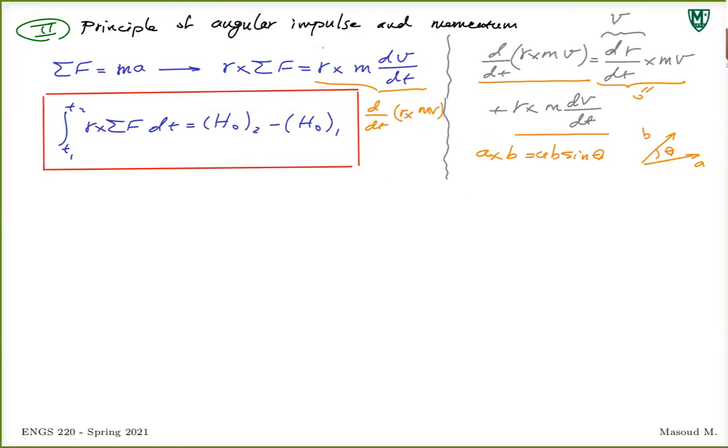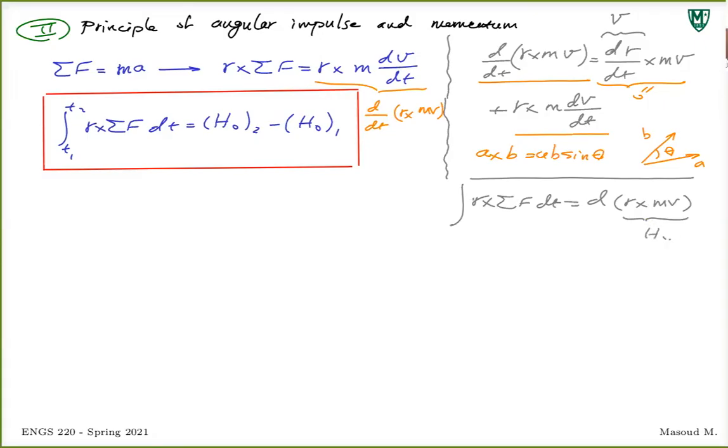Now, again, I'm just giving you side notes on where that came from. If you do that, this is what you get: R cross summation of forces dt is equal to d of R cross mv. Take the integral of the left side and right side.